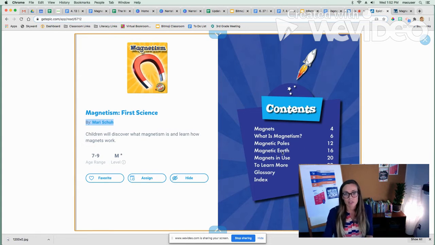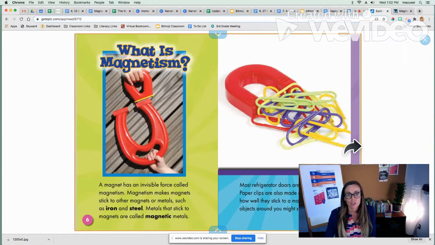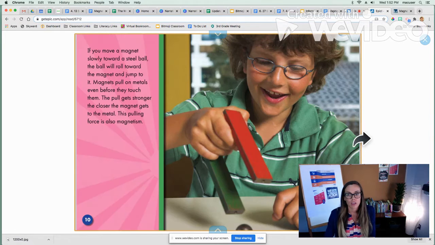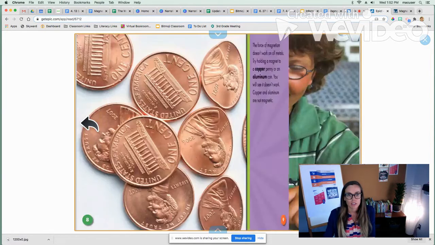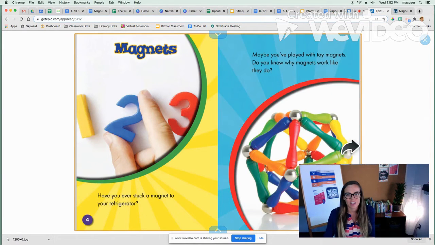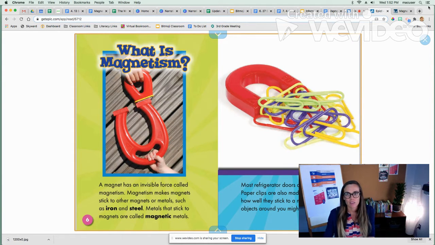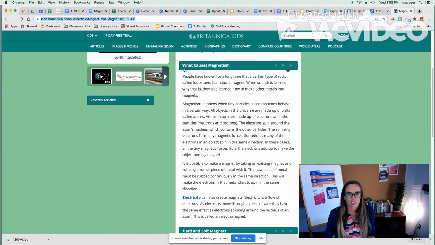I'm going to start with what is magnetism here, and in this article, I'm going to read what causes magnetism. Then I'm going to take some notes on each one, and then I'll show you how I put those notes together to establish my own thinking.